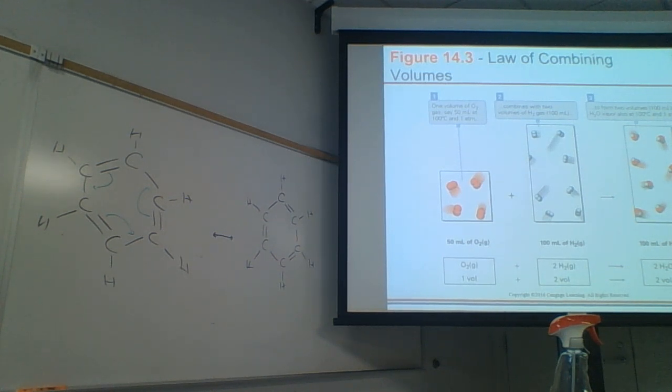One mole of oxygen plus 2 moles of hydrogen yields, sorry, 2 moles of H2O. And we're going to do H2O as a gas, not the liquid. So whatever size box of oxygen, this is my oxygen here, I'm going to need twice as much hydrogen, so it'll be double the size of the box here.